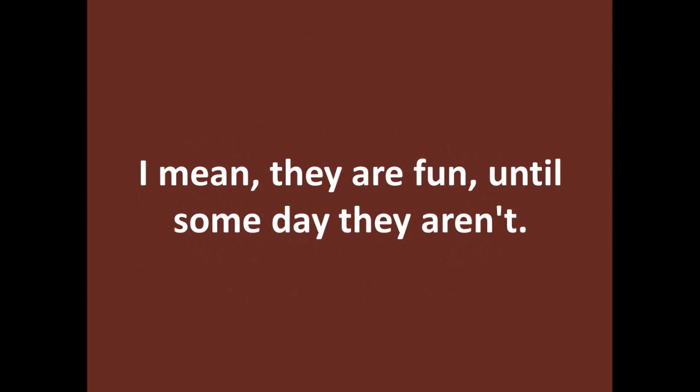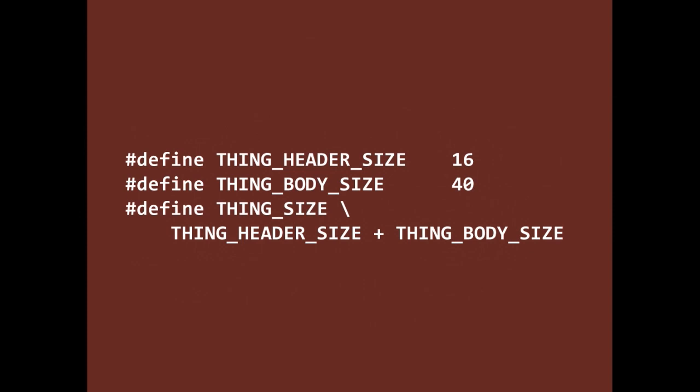Now, while they let us do all sorts of things, we have to be very, very careful. There's all kinds of things that you learn as you learn to program in C, some of them the hard way, at least if you're me, that you should do. So here we decide that we don't want to have magic numbers in our code. We want to write something that nicely captures the size of this very imaginatively named thing, object, and we say, well, it has a header and it has a body, and the size of the whole thing is its header plus its body.